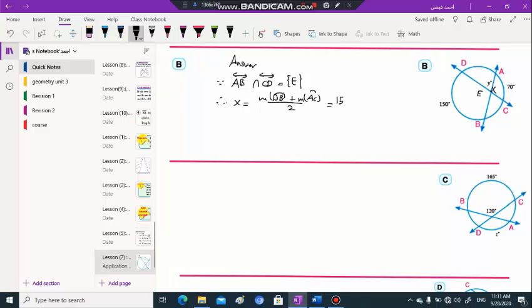So 150 degrees plus 70 degrees, divided by 2, will be 110 degrees.